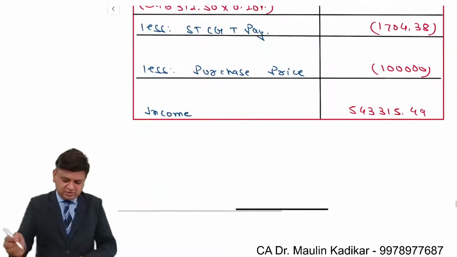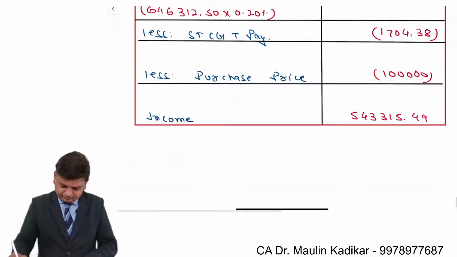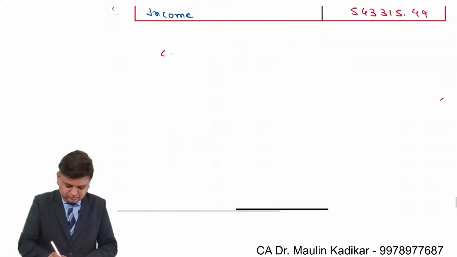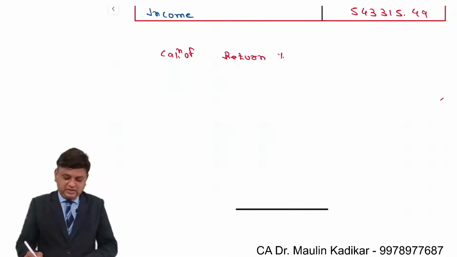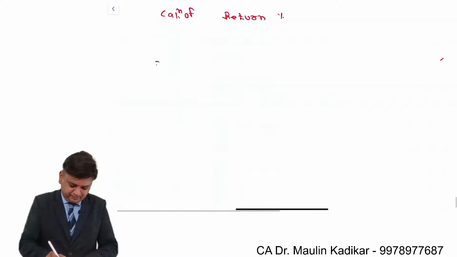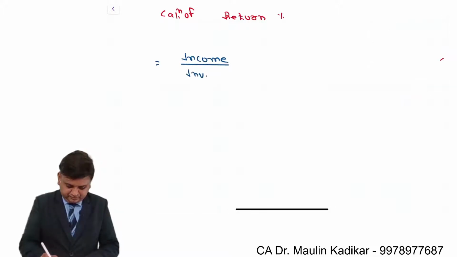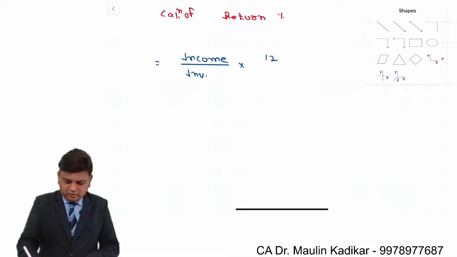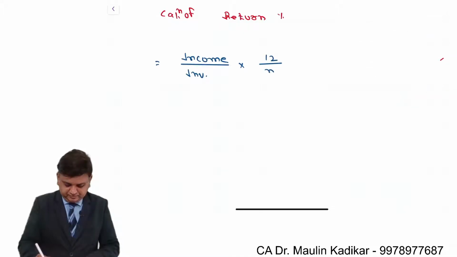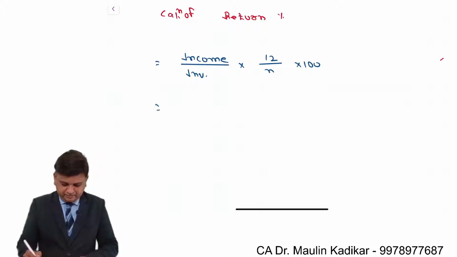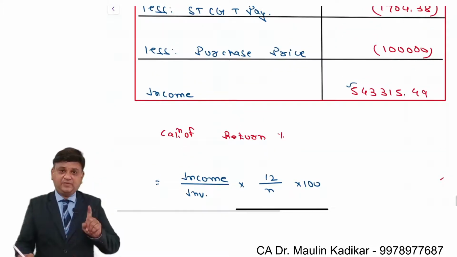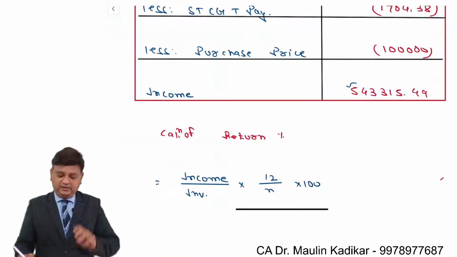The last answer is the calculation of the return. It will be calculated in percentage terms. It is income upon investment into 12 divided by n into 100. The amount of income is 5,43,315.49.